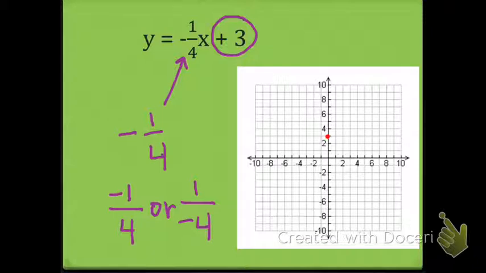So if you choose this first one, negative 1 over 4 would mean you would go down 1 and over 4 and put a dot. Or if you choose the other one, you would go up 1 and to the left 4 and put a dot. Now if you notice, as you do those, they all fall on the same line, so it doesn't really matter where you put the negative, it will just fall in that same spot.